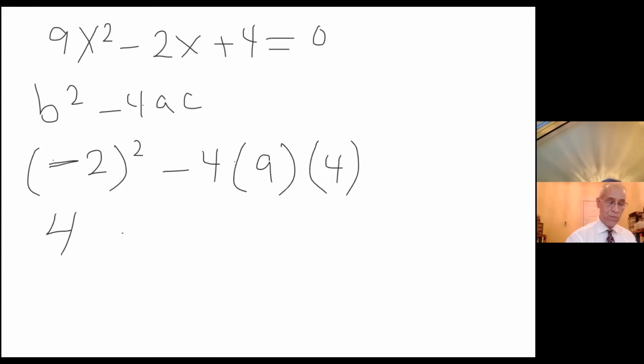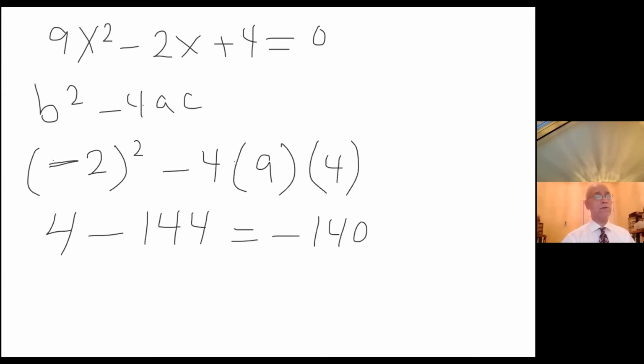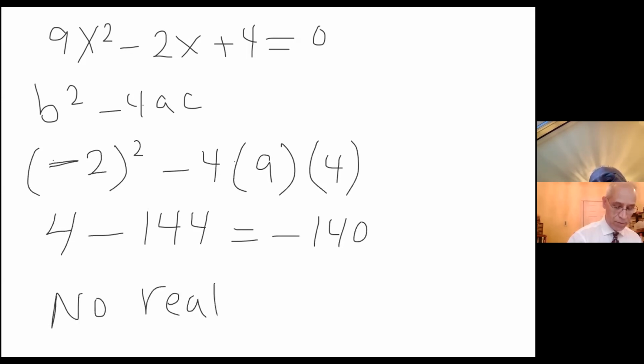Then I have minus 4 times 4 is 16, and times 9, 144. So that gives a negative 140. So this quadratic does not have any real solution.